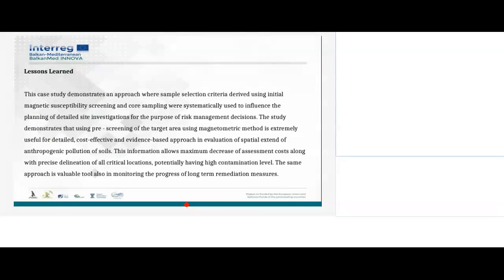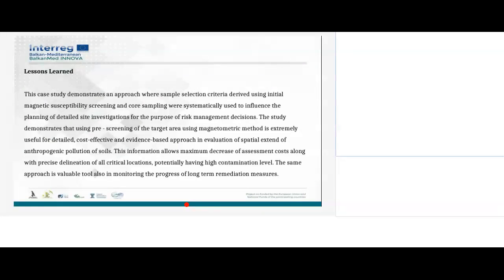The study demonstrates that using pre-screening of the target area using the magnetometric method is extremely useful for a detailed, cost-effective and evidence-based approach in evaluation of the spatial extent of anthropogenic pollution of soils.